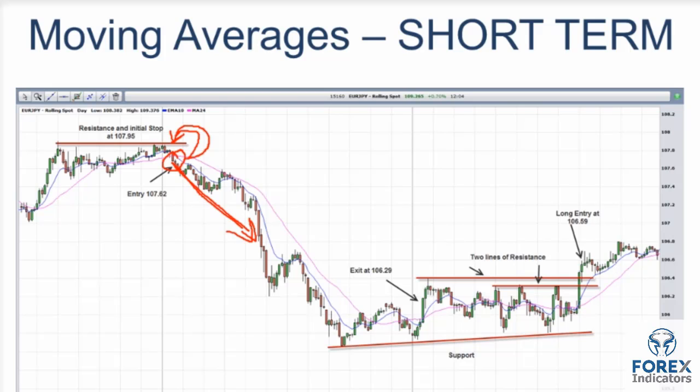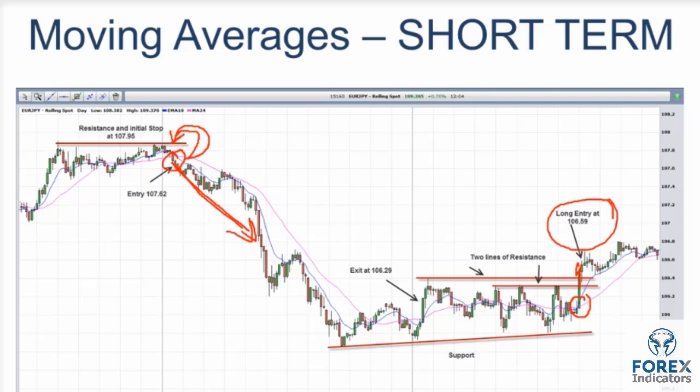Another way in which traders will often look to enter is when the price does break through a resistance. They'll say, look, if it's gone through resistance, especially two lines of resistance as it has here, then that's a good point at which to do a long entry, especially if they get confirmation from the moving average, the shorter term going through the longer term moving average.